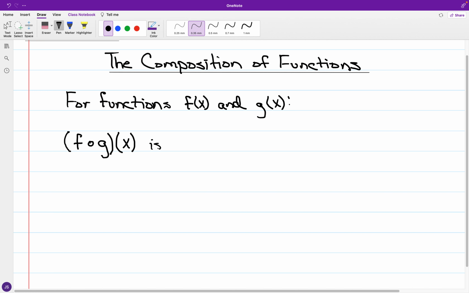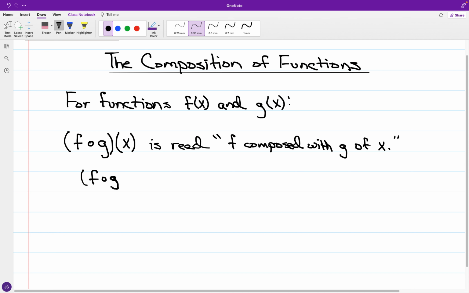But this particular arrangement is going to be read f composed with g of x, and in terms of its equivalent expression.